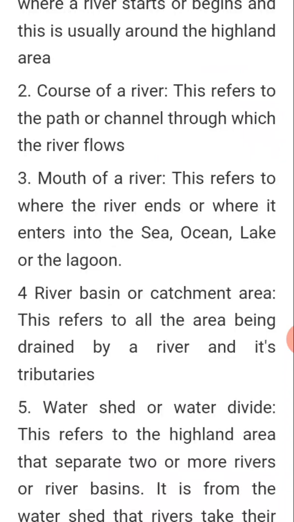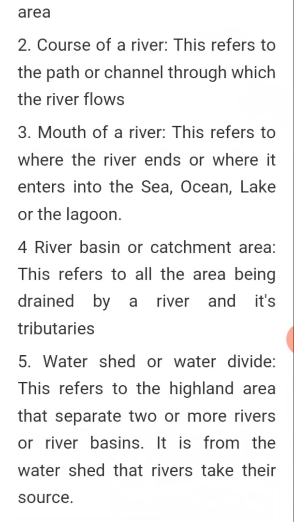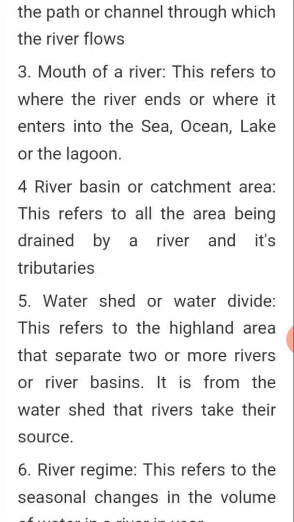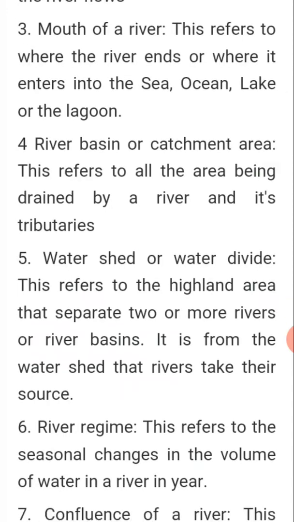This refers to the path or channel through which a river flows. Mouth of a river. This refers to where the river ends or where it enters into the sea, the ocean, the lake, or the lagoon.